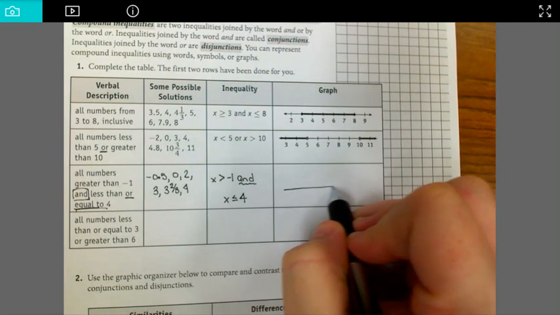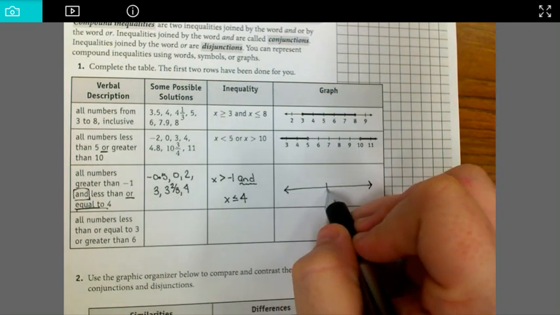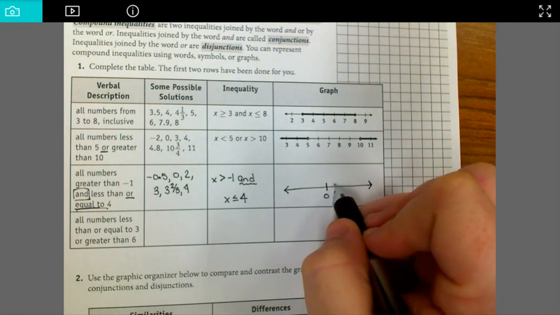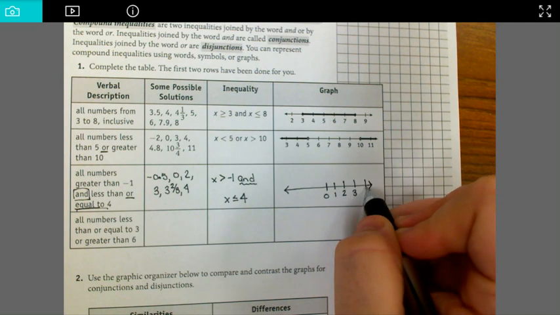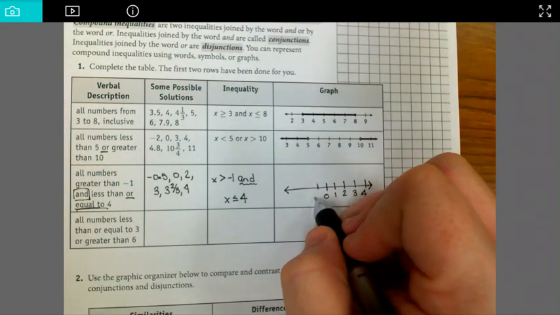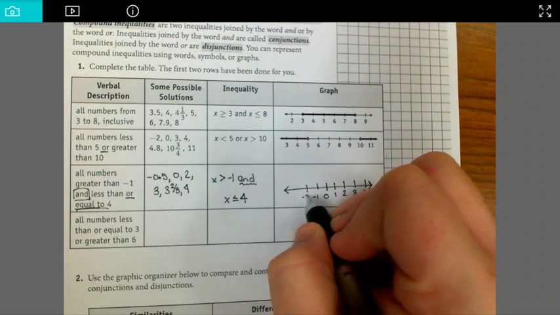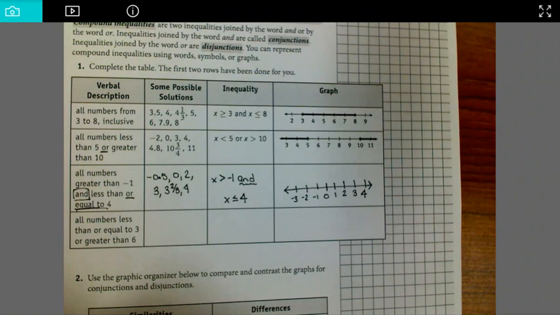So when we go to do our number line here, I'm going to plot some important numbers. We got 0. We'll go 1, 2, 3, 4 to the right-hand side, right? And then I'll go -1, -2, -3 to the left-hand side.